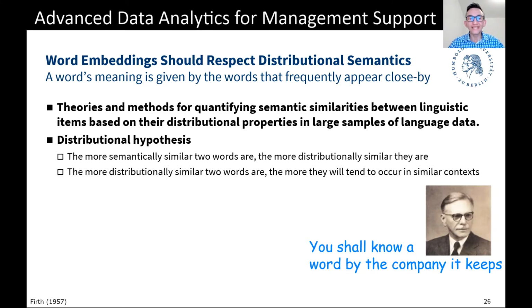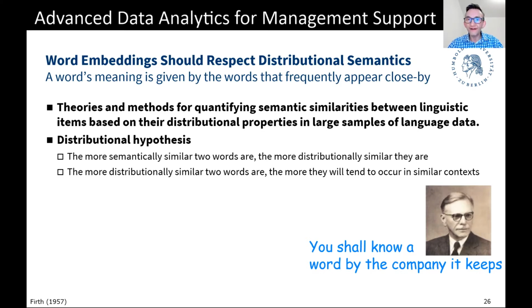Well, in a nutshell, there is much research being done on linguistics and how language develops, and then there is computational linguistics. Anyways, we have a rich set of theories and methods available that are concerned with quantifying the semantic similarity between linguistic items, which in our case are words.